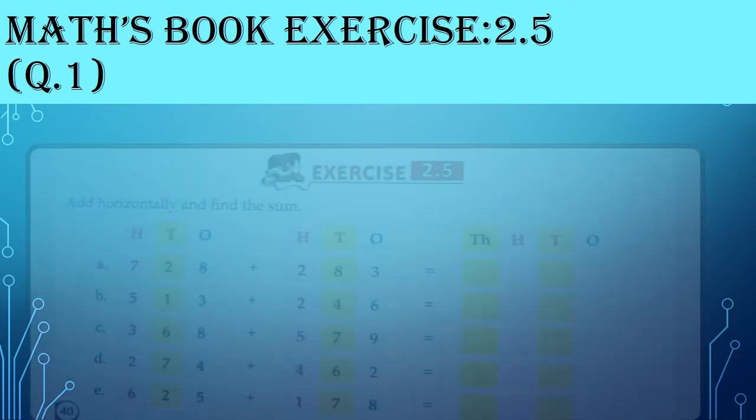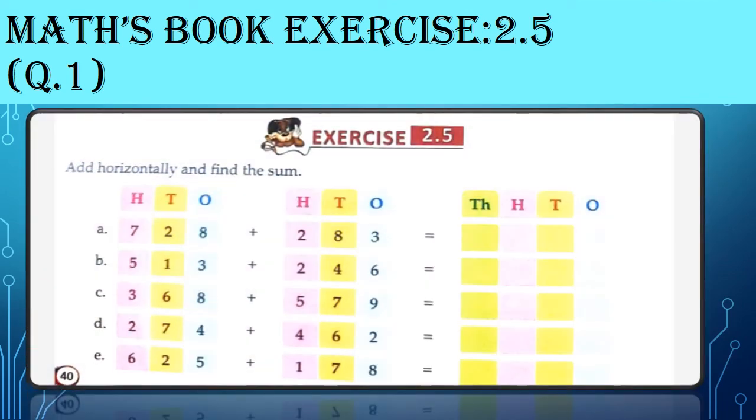Exercise, my dear children. Open exercise 2.5 in your maths world book and start doing it. Pause the video and do the exercise honestly, and then find out what your answer is. I am sharing the answers too, but do not cheat.